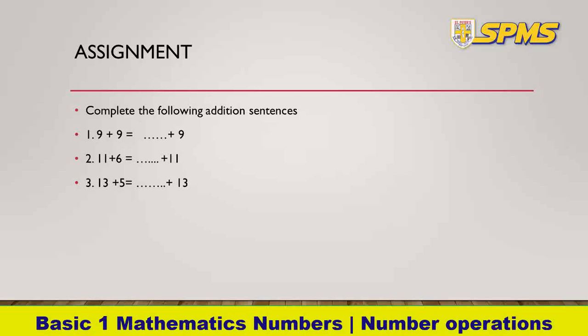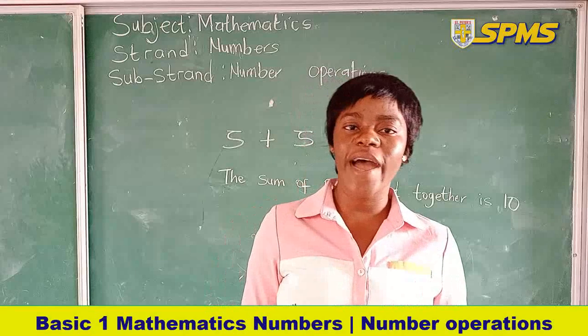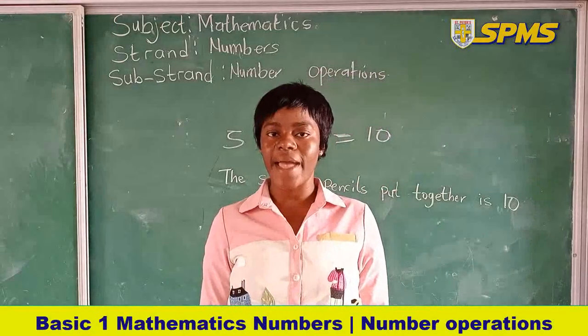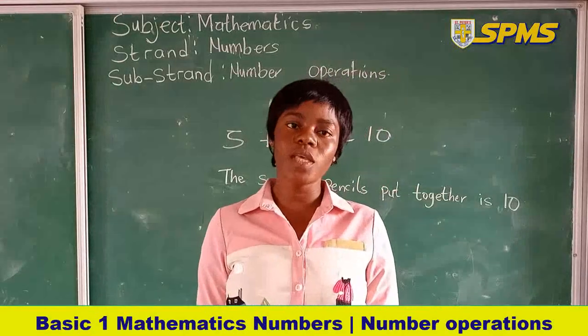The next one is 11 plus 6 is equal to dash plus 11. 13 plus 5 is equal to dash plus 13. Now write the correct number in the box for me.